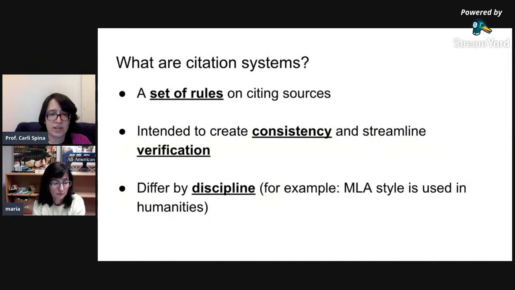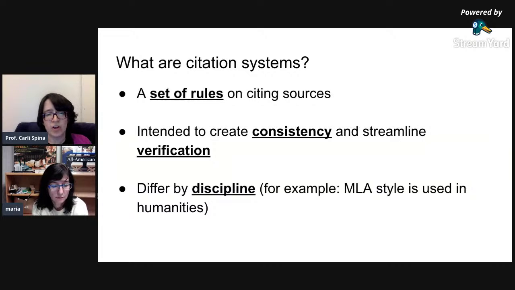So what are citation systems? They are a set of rules for citing sources, and they are intended to create consistency so that people in a particular discipline can be assured that there's always going to be a consistent means of citing.